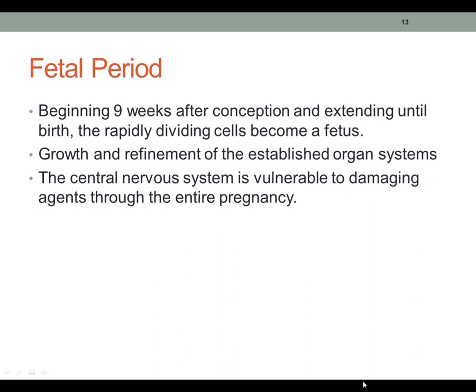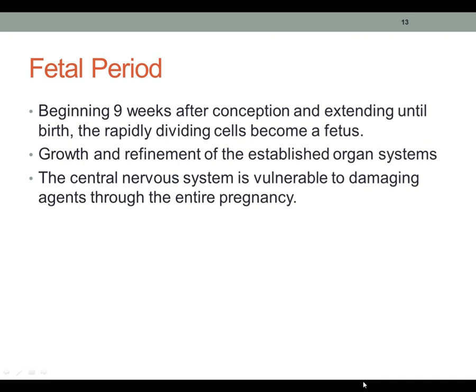So 13 to 16 weeks, we have rapid length growth, and this is about the time that quickening occurs. And quickening is when mom feels baby for the first time. And usually they say it's like a fluttering feeling, butterflies in your stomach. Some new moms don't recognize that that's the baby moving at first.